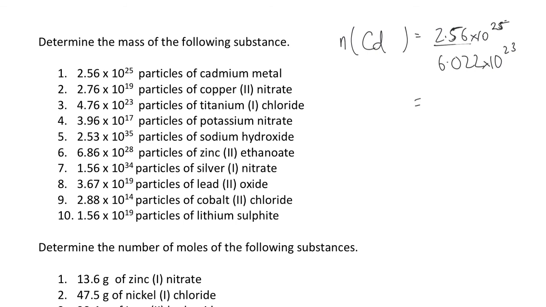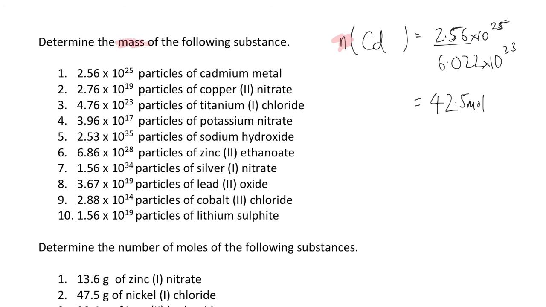Then I would put that into the calculator. 2.56 e to the 25 divided by 6.022 e to the 23, and I would have 42.5 moles of this substance. Right? But that's the number of moles, but not the mass.